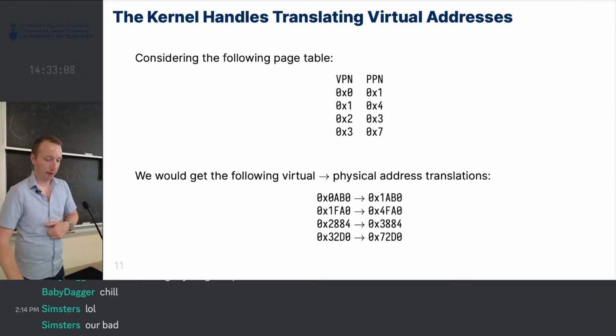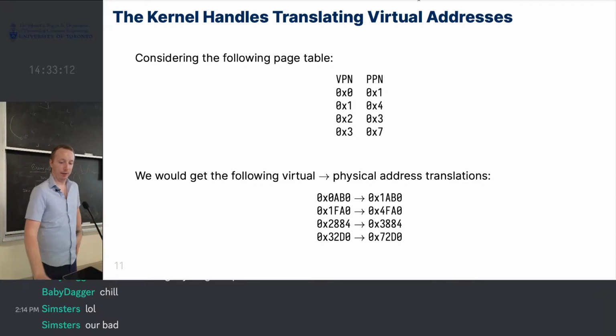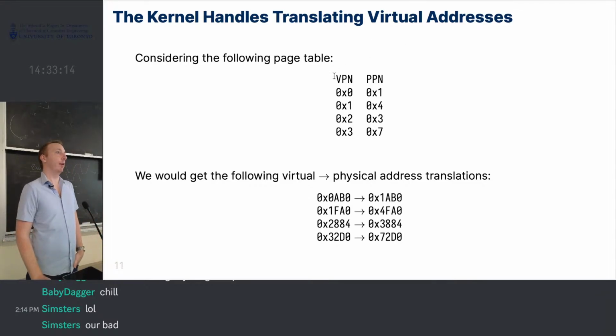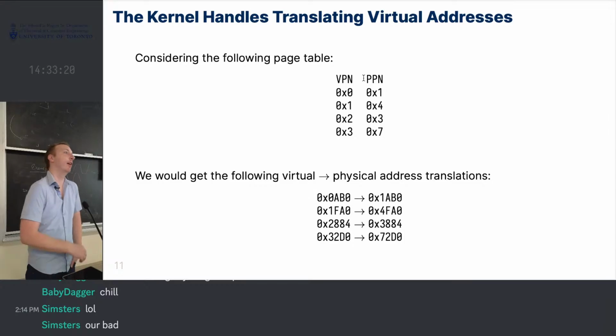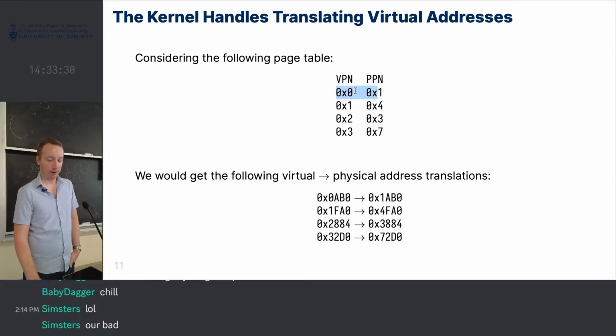Okay, here are some examples. This could be your page table, a simplified version. Instead of writing the whole page table entry, I'll just assume all the flags are valid and that I just care about the physical page number. So it's essentially the index here, and then what the value is.